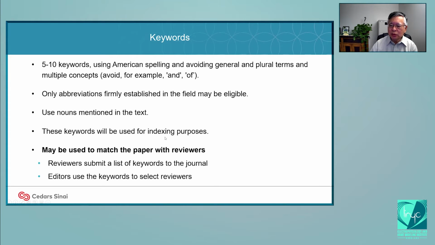These keywords will be used for indexing purposes. When you search for a paper, the search engine looks at the title, what kind of words are in the title, but it also looks at the keywords. And if genetics shows up, it will prompt people to look for genetics in your paper. But if the word genetics has never been mentioned, then that keyword is very misleading.